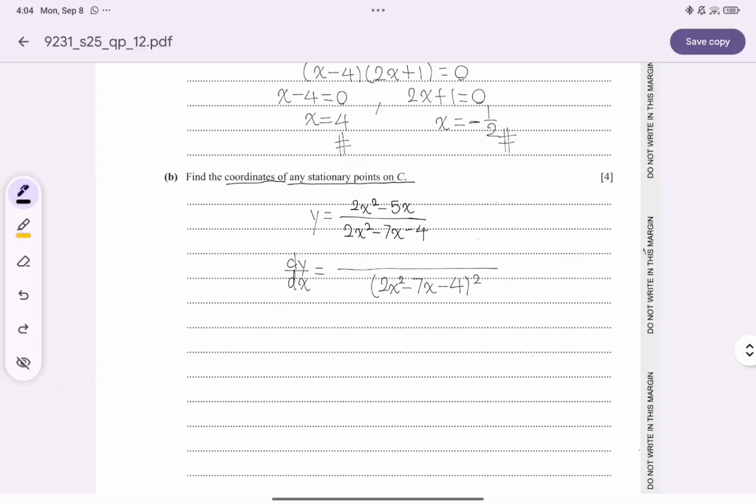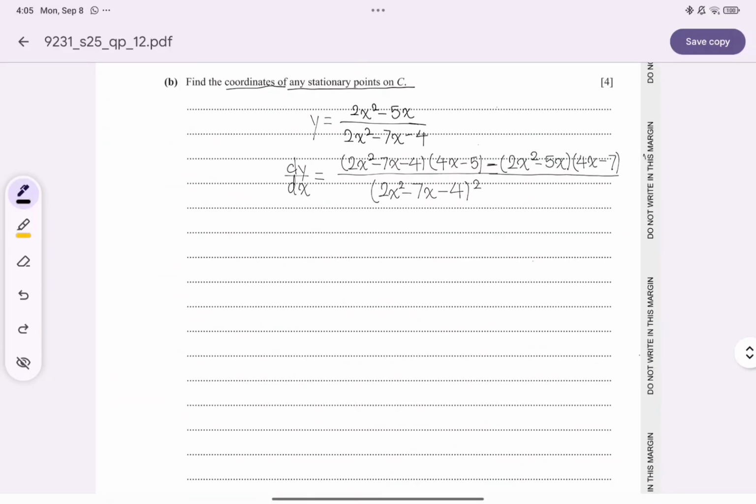We have to use the quotient rule here, so squaring the denominator, and then the denominator times the derivative of the numerator, so that's just 4x minus 5, and then minus the numerator times the derivative of the denominator. So that's just 4x minus 7. Okay, so dy/dx equals 0.